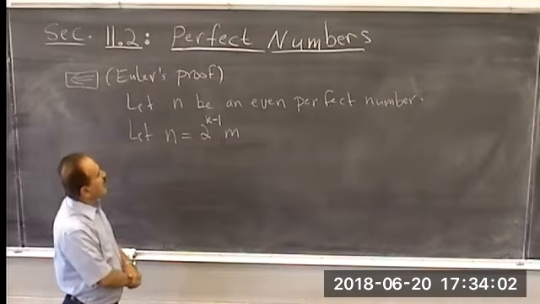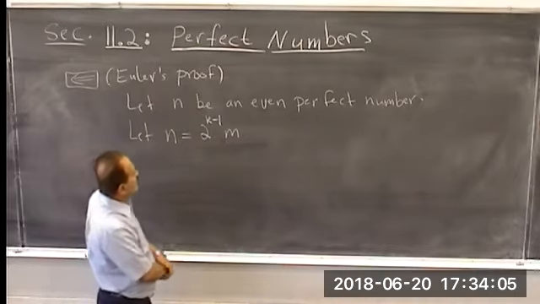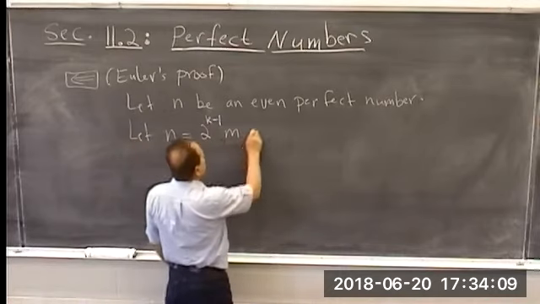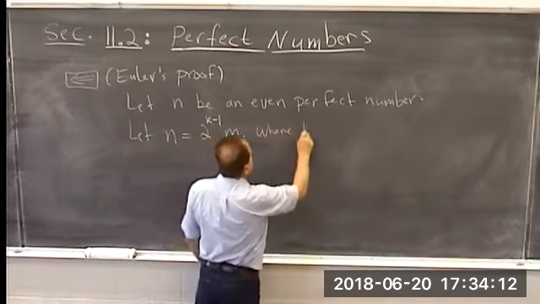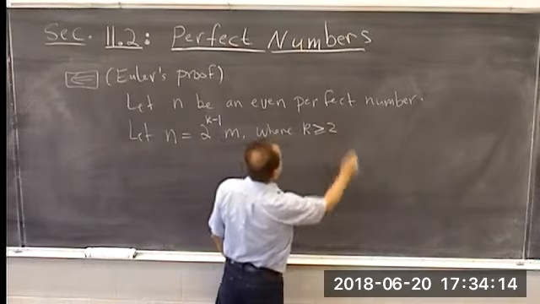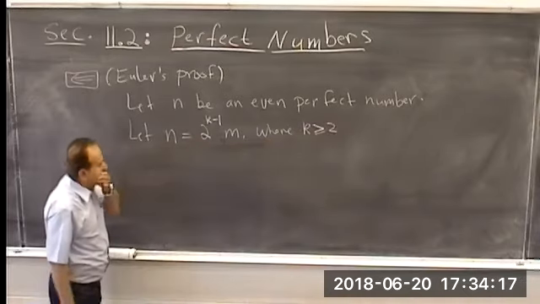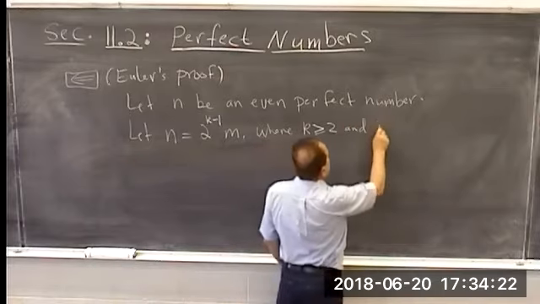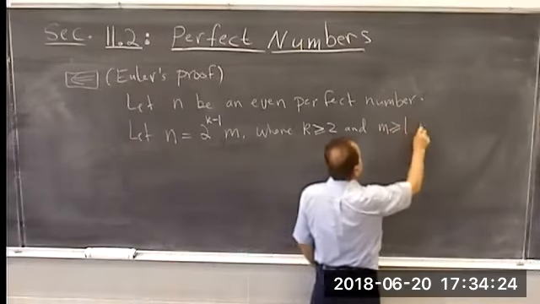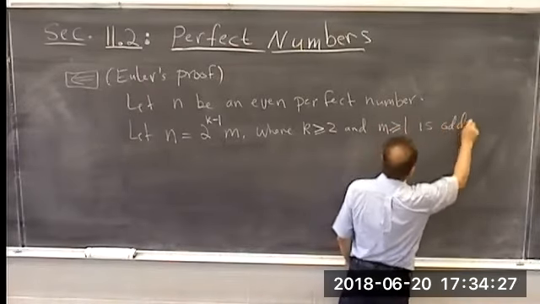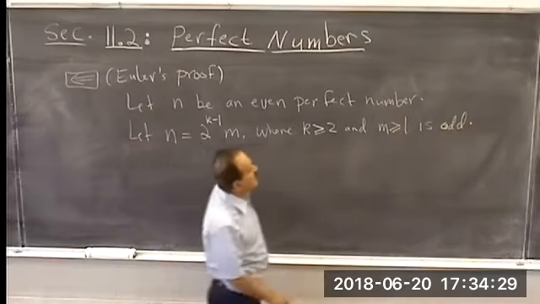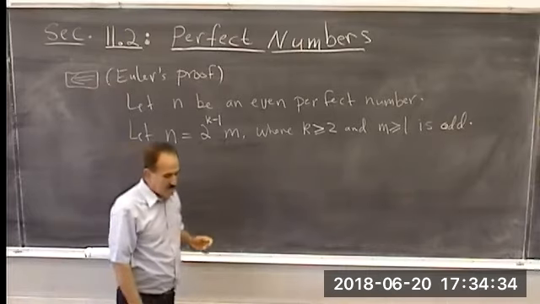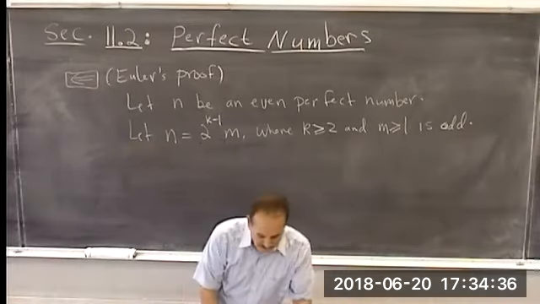We're going to do this where k, again, needs to be bigger than or equal to 2 in order to have a 2 here to make it even, and m, bigger than or equal to 1, is odd. In fact, it could be 1, and this is still an even number.